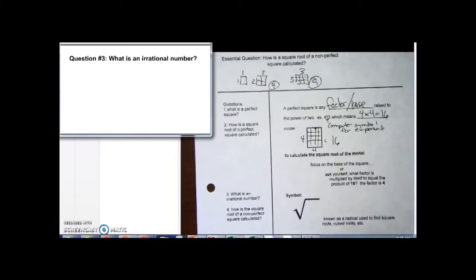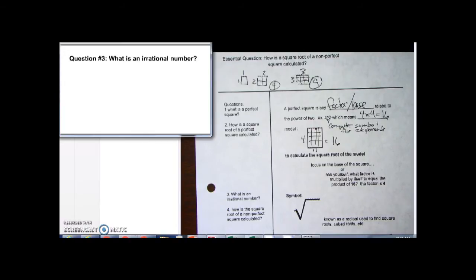Before we go to question 3, that is equal to square root. Okay? If you see this, that's equal to the cube root. So for example, the square root of 25 is equal to 5.